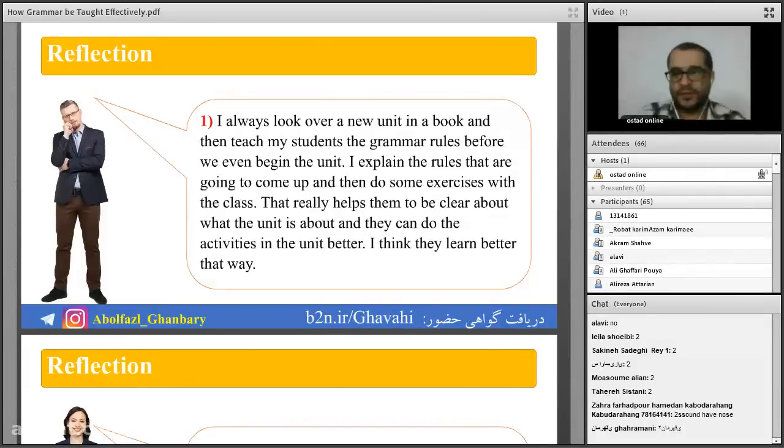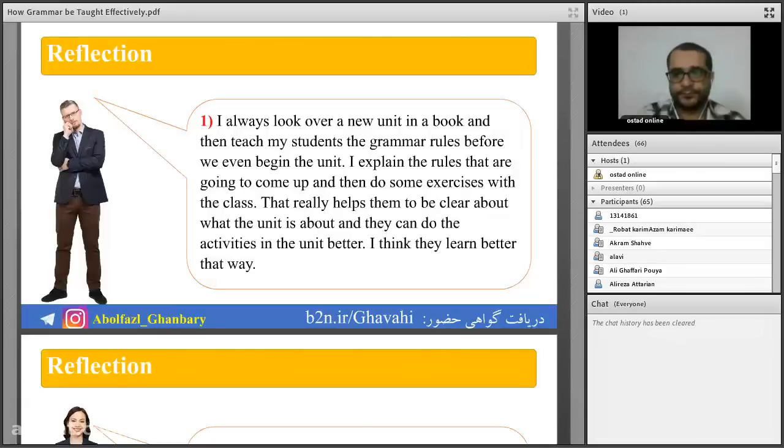Read for yourself and think about it for a minute. If you have read it, put number 5 in the chat box.